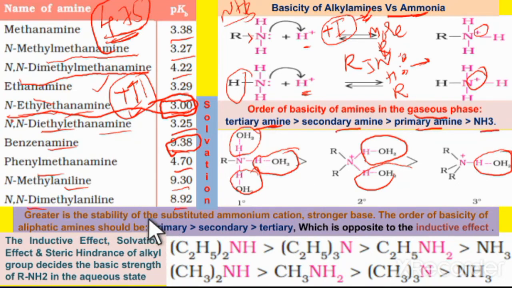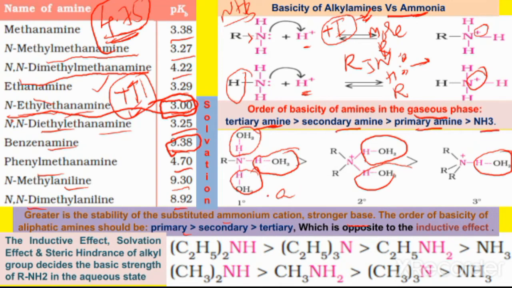The greater the stability of the substituted ammonium cation, the stronger the base. The order of basicity of aliphatic amines should be primary more than secondary more than tertiary. This is opposite to that of the inductive effect, and it is due to the formation of hydrogen bonds in the aqueous medium.